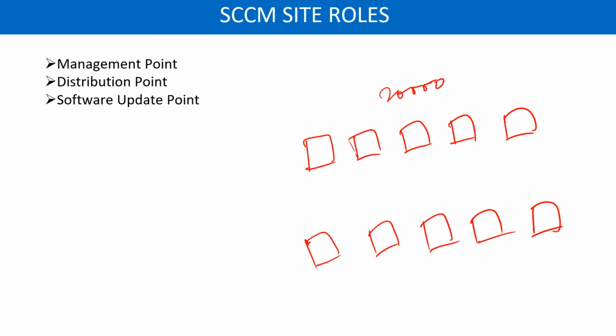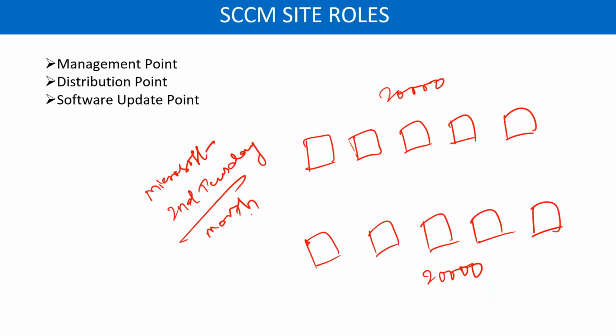Let's say I have 20,000 computers in different regions, 40,000 computers all over the globe. Now these 40,000 computers, I need to update on a regular basis. Microsoft is releasing updates on the second Tuesday of every month, for its operating system, for its applications, for all the products Microsoft has developed.